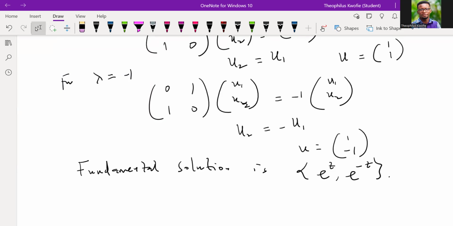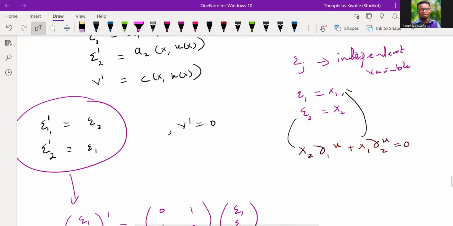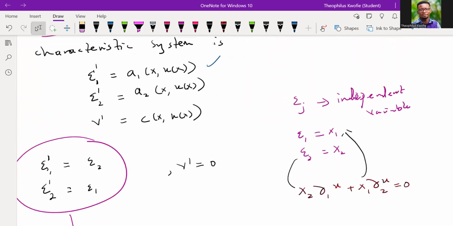But remember that we also have our v, the derivative of v with respect to the given independent variable. We had 0 for the derivative, which means that even when we solve this, the solution v with respect to time will just be equal to some constant.